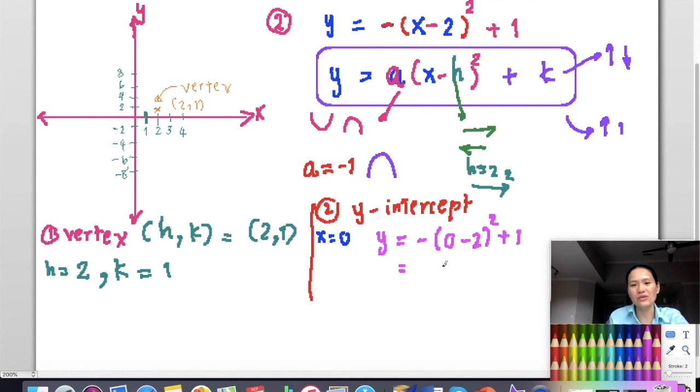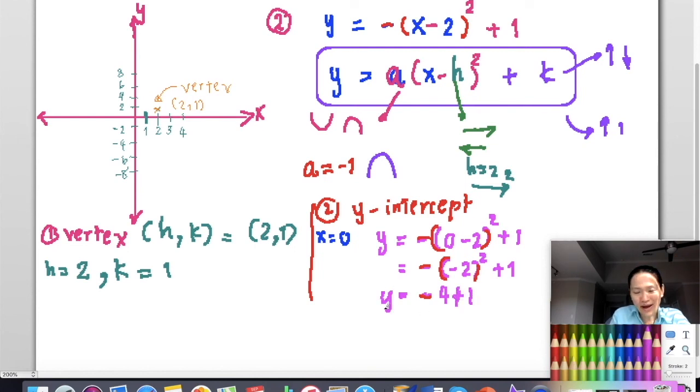Negative 2 to the power 2 is 4, and then we have a negative here already, so that's negative 4, and then plus 1.